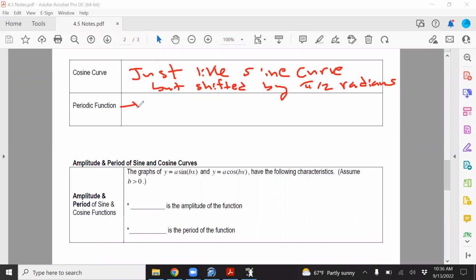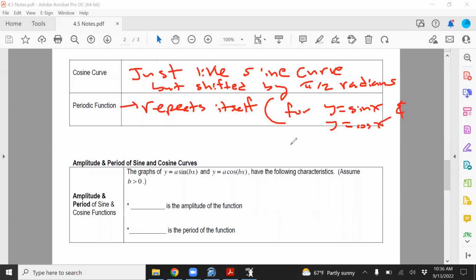And periodic function means it repeats. Where y equals sine x and y equals cos x, the graphs repeat every 2 pi units.